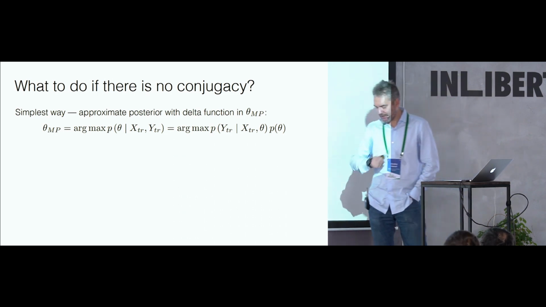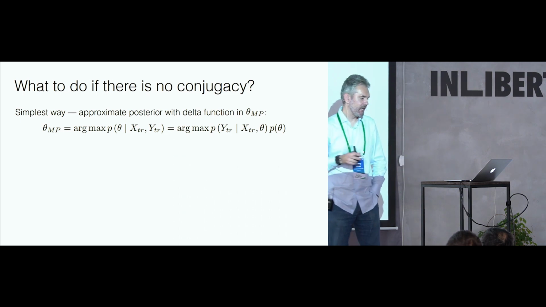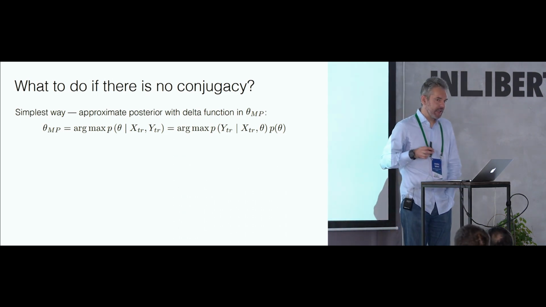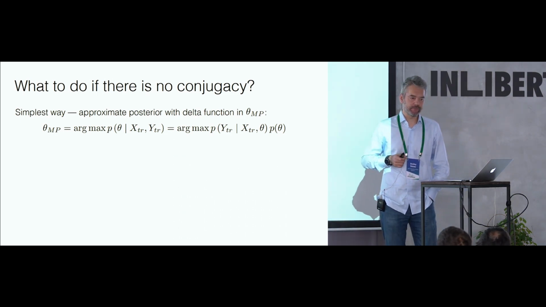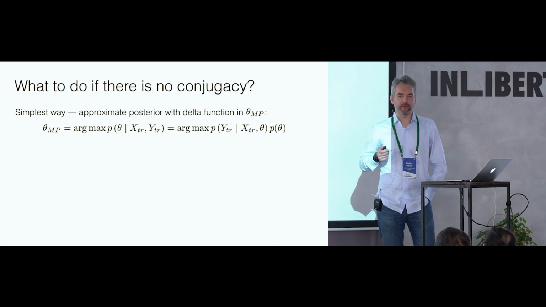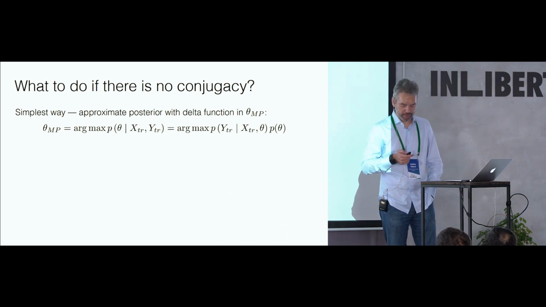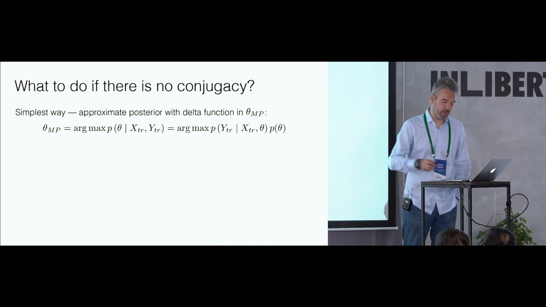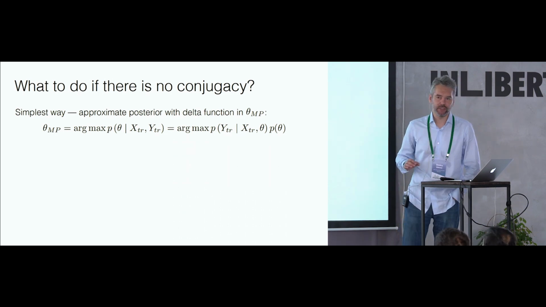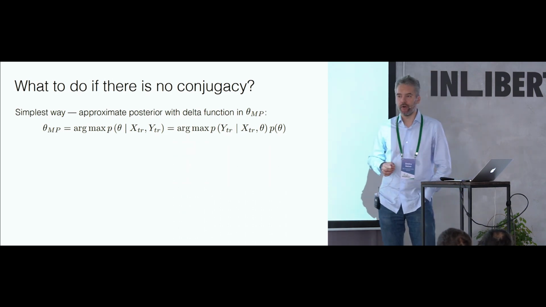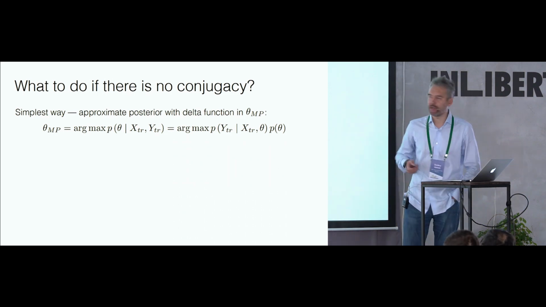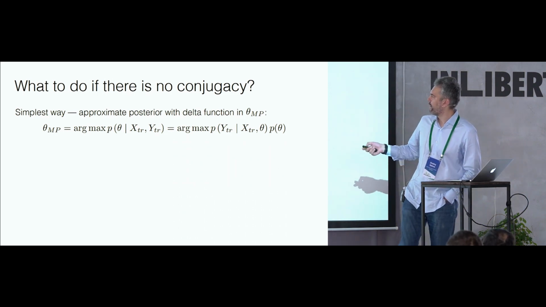Okay, so now the question: what can we do if we do not have the conjugacy property? So if our prior and the likelihood function are not conjugate. One of the simplest ways out is to use MAP estimation, or maximum a posteriori estimation. This is simply searching for the mode of the posterior distribution.